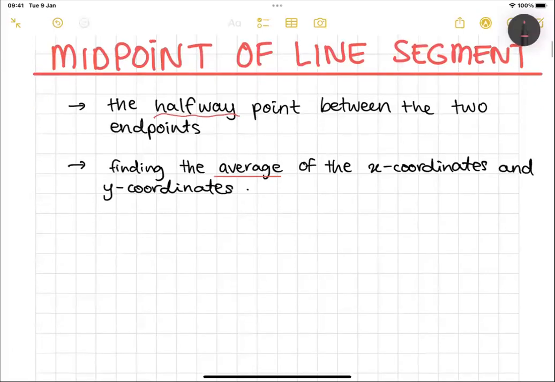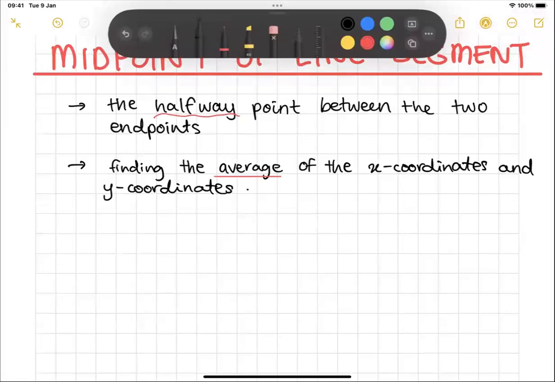One thing I would like to preface: if you have a straight line and it has the endpoint in green here, the midpoint, as we said, was the halfway point.